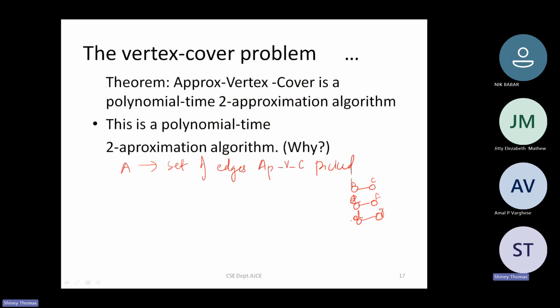C star must include at least one endpoint of each edge in A. ശരിയാണോ അല്ലയോ? നിങ്ങൾ നോക്കിയാൽ തന്നെ അറിയാം, ഈ A യില് ഏതെങ്കിലും രണ്ട് എഡ്ജസ് എൻഡ് പോയിന്റ് ഷെയർ ചെയ്യുന്നുണ്ടോ? എല്ലാം ഡിഫറെന്റ് അല്ലേ? Yes or no?